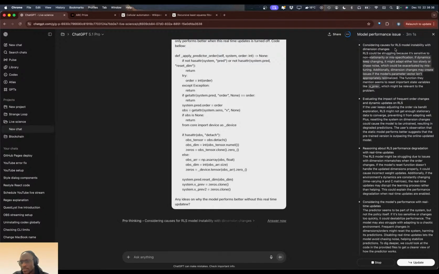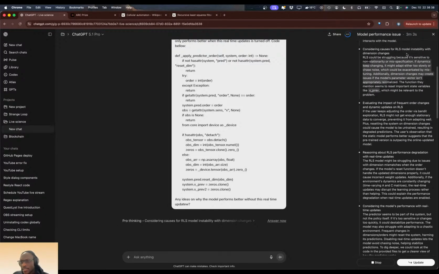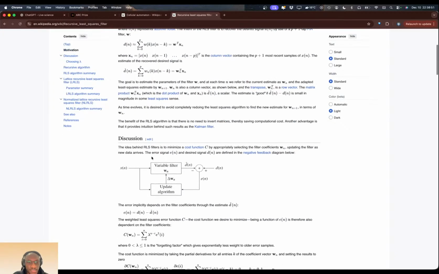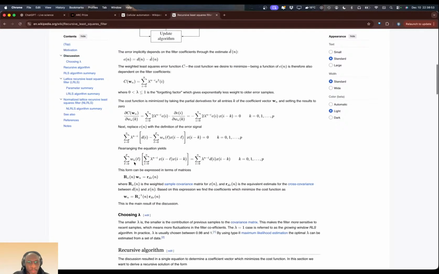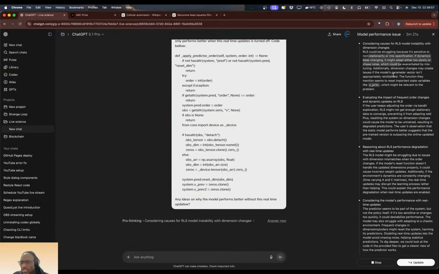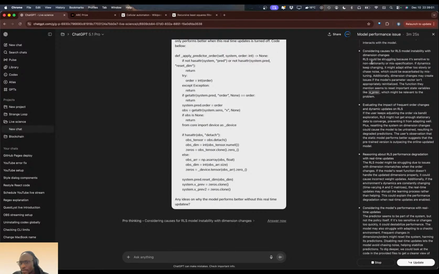Considering causes for RLS model instability with dimension changes: it could be struggling because it's sensitive to non-stationary or misspecification.